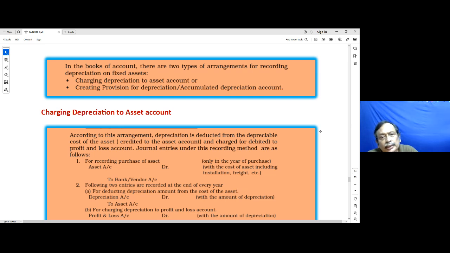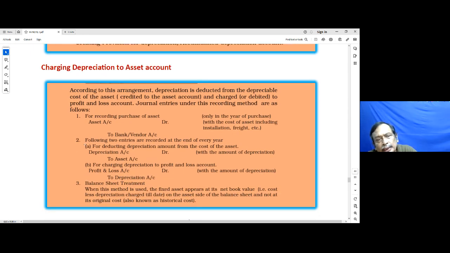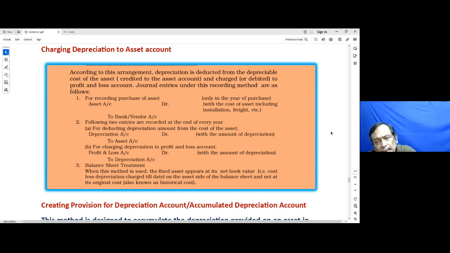Now, if we refer to charging depreciation to the asset account, then how are these actually taken care of? That we are discussing. According to this arrangement, depreciation is deducted from the depreciable cost of the asset, so it is credited to the asset account and charged or debited to the profit and loss account.